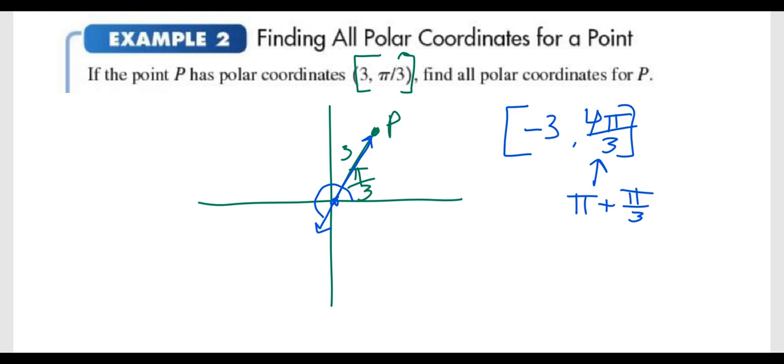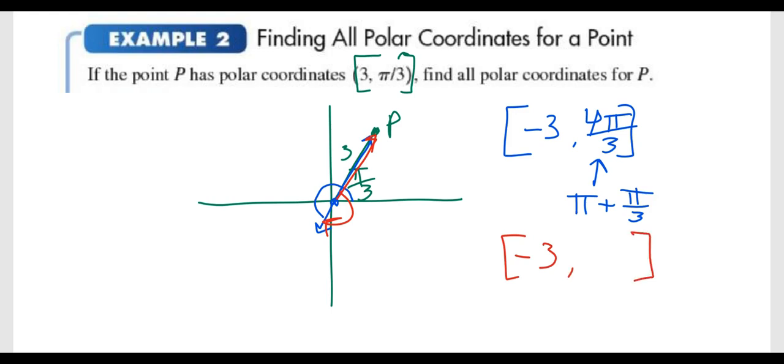Okay. What if we rotated in a negative direction and then walked backwards? All right, we could do that so that we definitely have a negative 3 there.